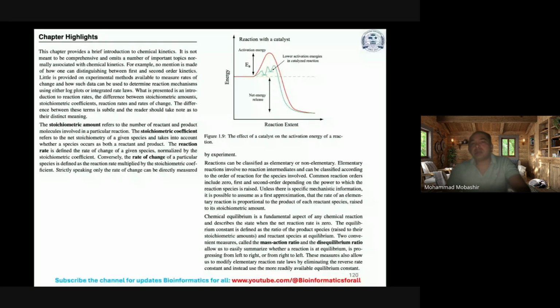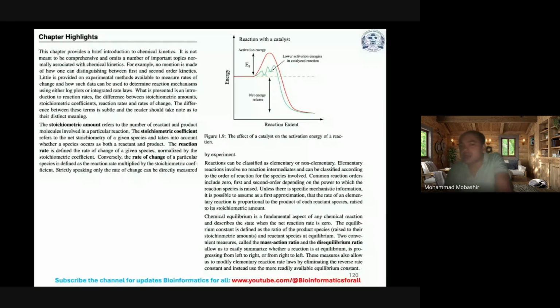Then in the chapter highlights, I will say you need to learn the role of potential energy, what the activation energy is, what the net release of energy is, lower activation energies in catalyzed reactions, then reaction extent, then what time is, what the concentrations are, when we say reaction kinetics or dynamics, what temporal dynamics is.